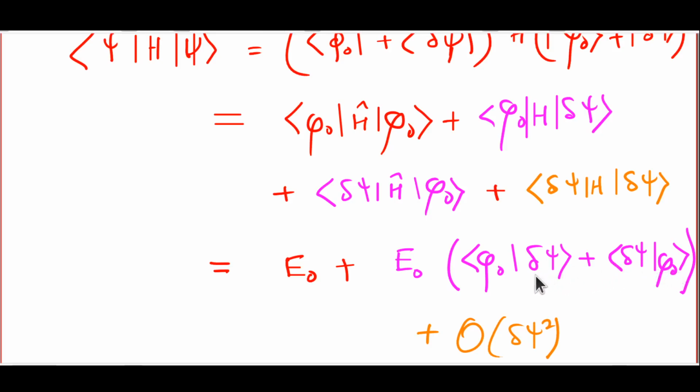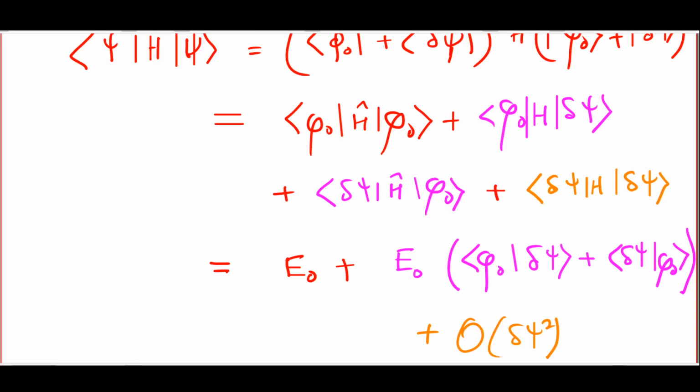Of course, this is really twice the real part of phi 0 delta psi. In addition to that, you have an additional term which is quadratic in delta psi and which is typically rather small. So the variation between the expectation value of the energy and the ground state energy is dominated by this term, which is linear in delta psi.